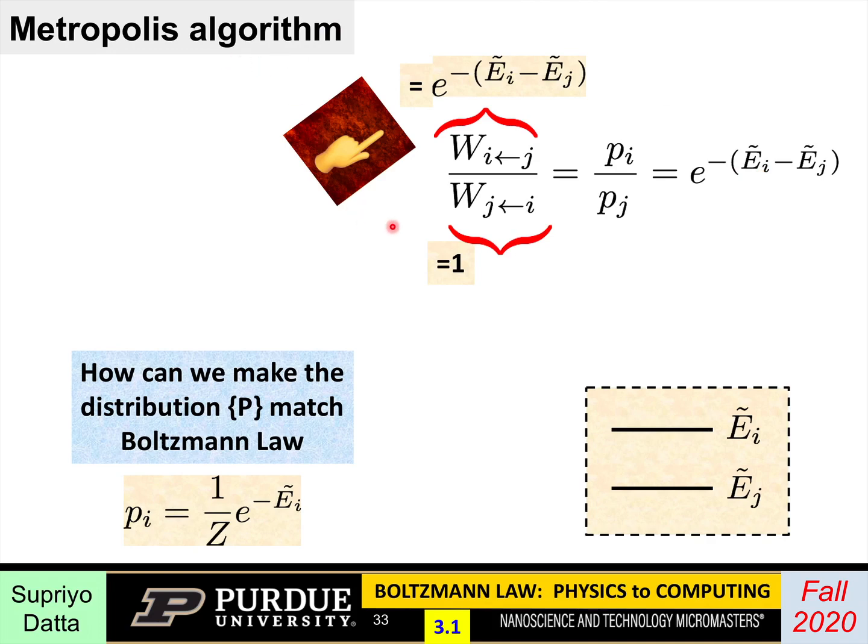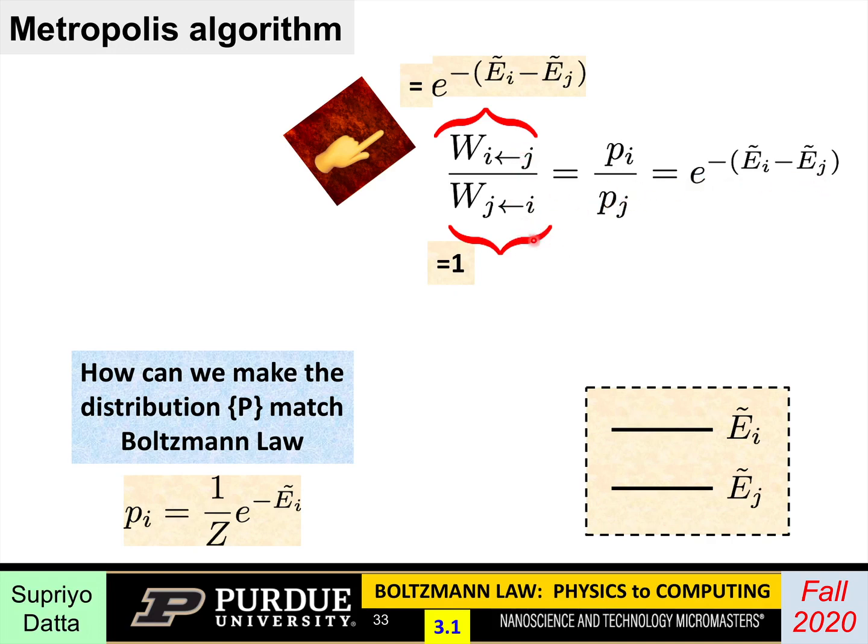And there, the way you choose your W's, these transition matrices, is to say, okay, consider any two states, i and j, and let's say i has a bigger energy than j. I'm currently sitting at i, and I'm trying to figure out the probability of going to j. To satisfy detailed balance, this ratio must be equal to this exponential.